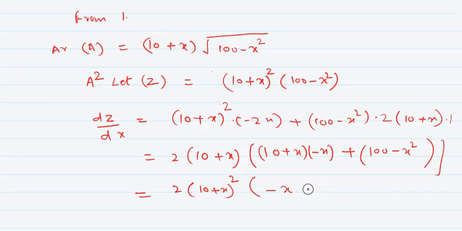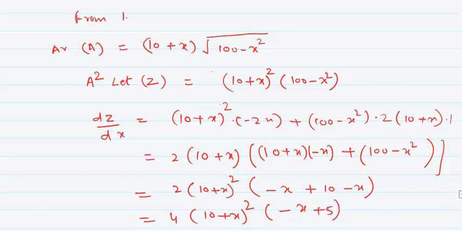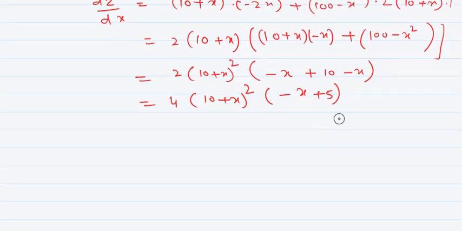So it is minus x plus 10 minus x that is left. Therefore, again taking 2 as common, it is 4 into 10 plus x whole square into, we are left with, minus x plus 5. So these are the two factors that we are getting of dz upon dx. Now what is the next step? Yes, the next step is to put dz upon dx equal to 0.